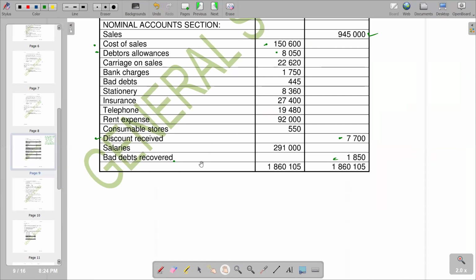So if you have finished the elements that we have in the nominal account section, it means there are also items that you have to check from additional information. Remember, we've got the issue of bad debts adjustments, provision for bad debts adjustment.